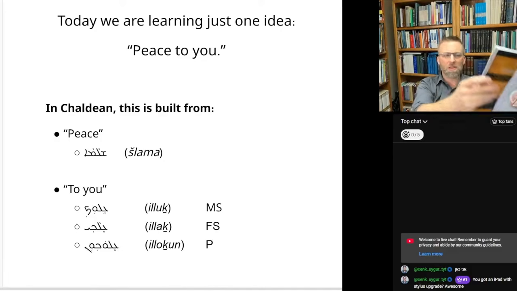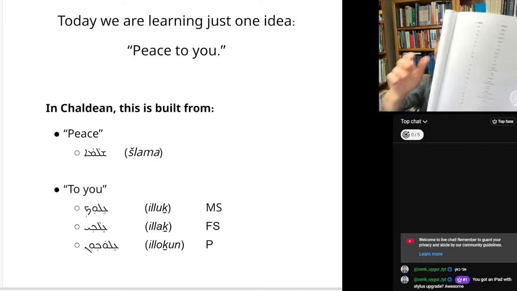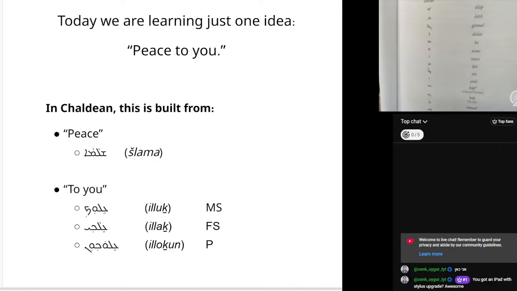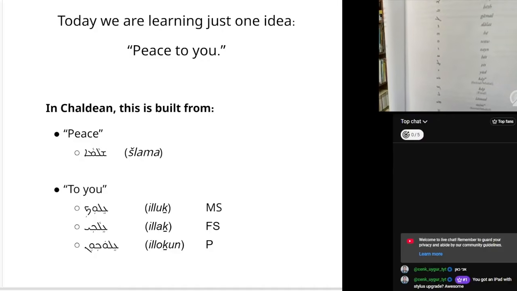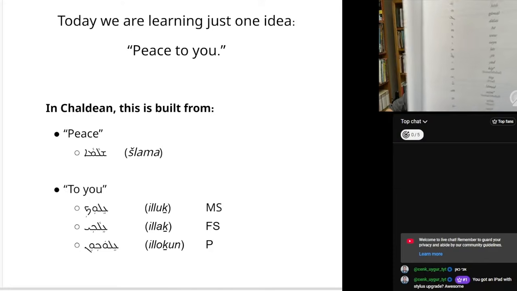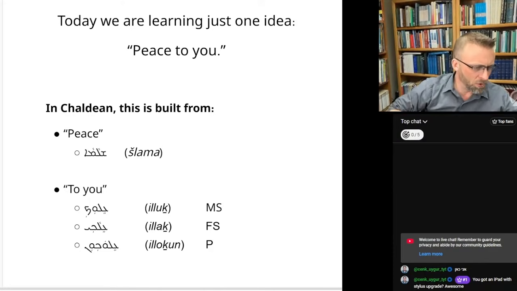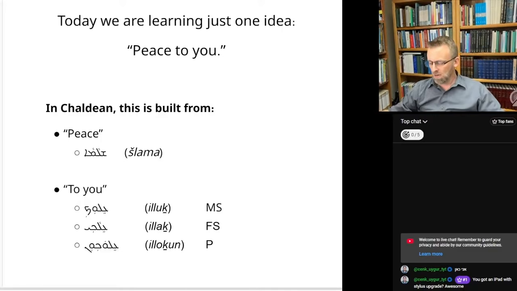The one used here, the Estrangela, is going to be a little bit different from the one we're using in this book, but it's going to be very similar. And the reality is if you're going to study Syriac, you have to learn three scripts, and that's just kind of all there is to it, okay?